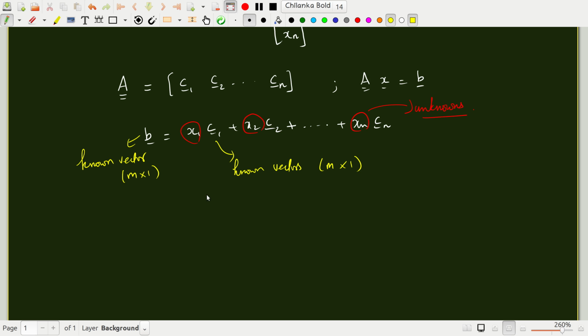So this appears like you're trying to expand a vector B using a set of vectors C1 to Cn.